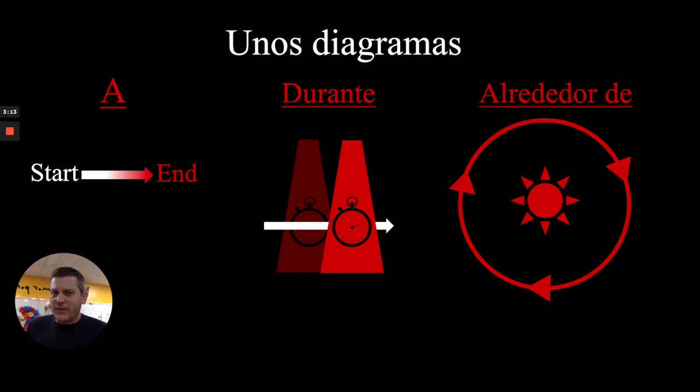Now durante, well, it means during, right? I think of this exclusively as dealing with time. So this is going to show a temporal relationship. Something is happening in the middle of an action or in the middle of a space of time or an event. So take, for example, he was talking during the movie.